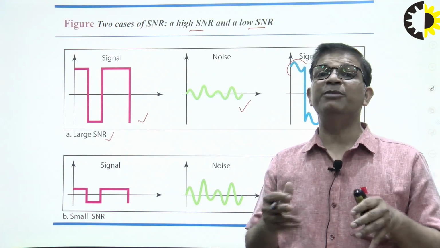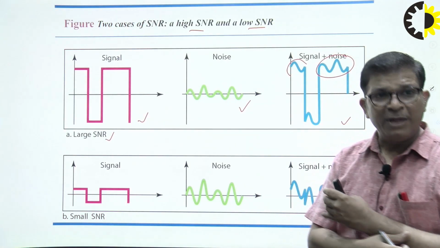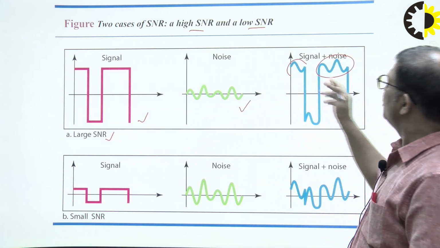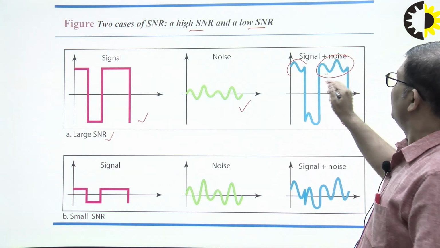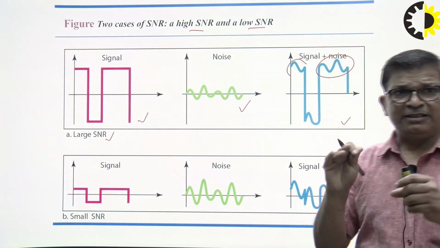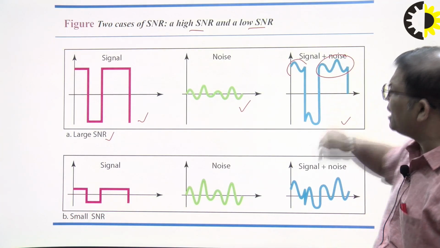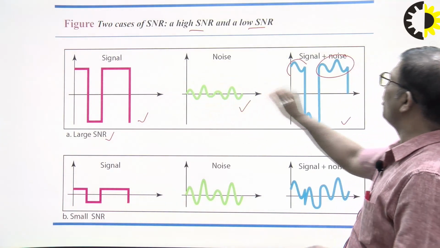But what is the reason behind distortion? Maybe some noise, maybe some other reasons also. So in this scenario, you can observe very easily that the shape of the signal has been changed, but the power of the signal remains the same, because there is very little impact of the noise on the signal.